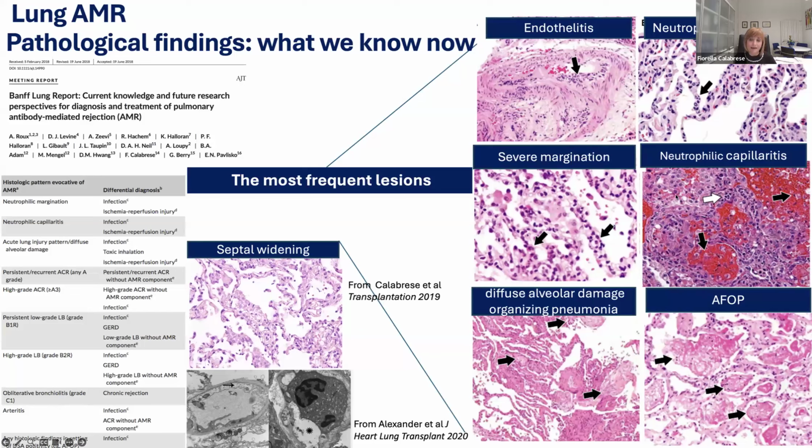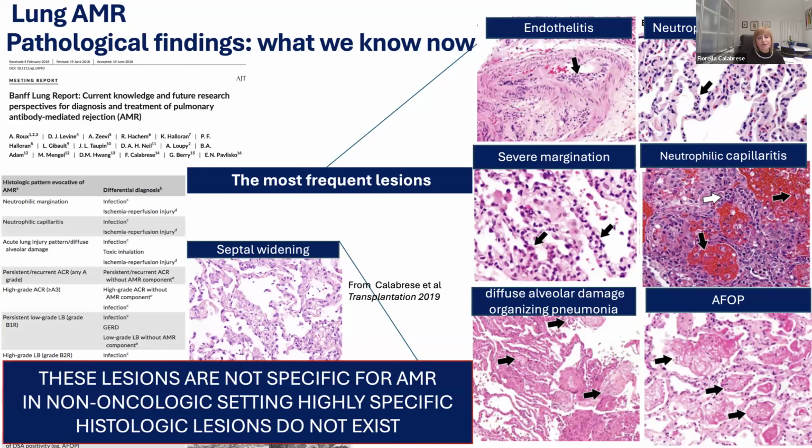These include endothelitis, different degrees of capillary inflammation from mild neutrophilic margination, as we detected also in one of the fragments of our case, to the most severe form, neutrophilic capillaritis with blood extravasation, and the severe parenchymal injury named diffuse alveolar damage, organized pneumonia, and AFOP, acute fibrinous organized pneumonia, characterized by the presence of intra-alveolar fibrin and minimal inflammation in the alveolar septa. But these signs are not specific of AMR.